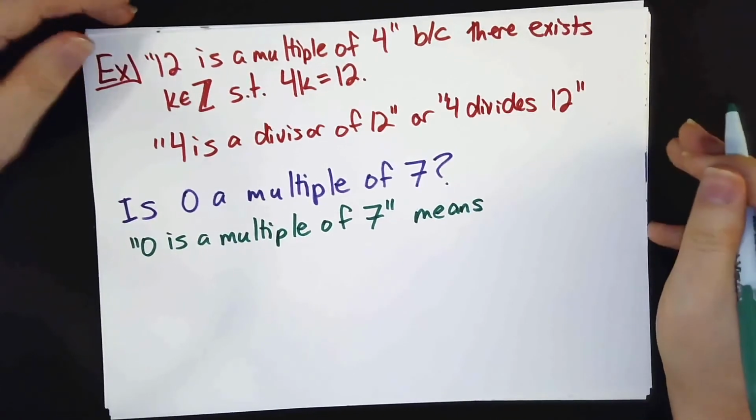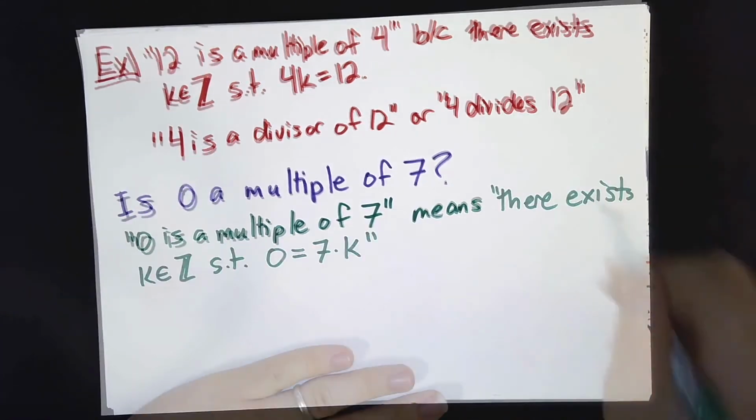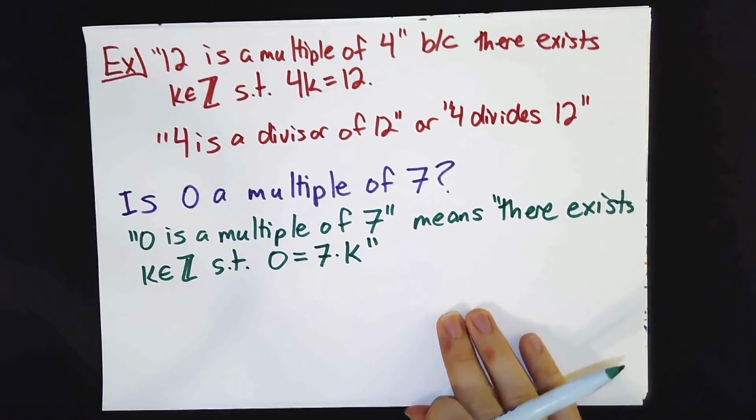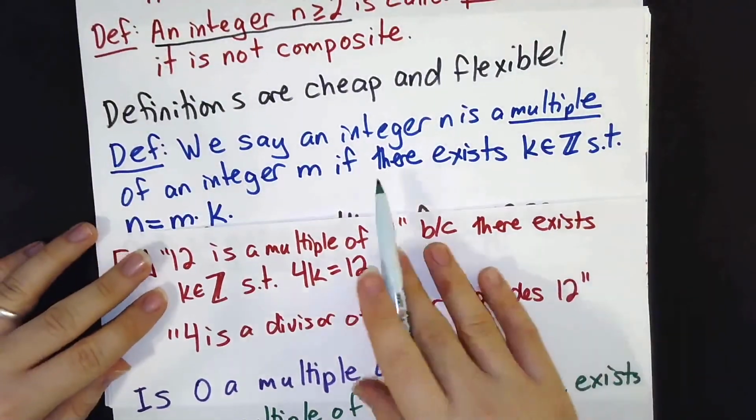Okay, so by the definition, what does 0 as a multiple of 7 mean? It means there exists a k in Z such that 0 equals 7 times k. Why does it mean that? It means that because that's exactly what we said it means.